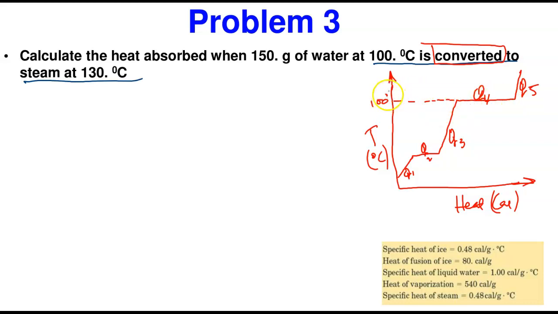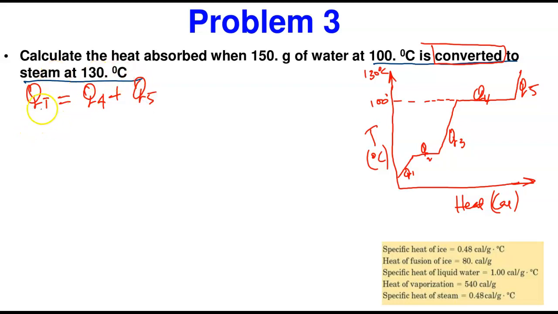So we're going from 100 to about 130 degrees Celsius. So this is what you have. The question involves Q4 and Q5. So your total Q will be, you're calculating the Q4 plus the Q5. That's basically what you're doing here.